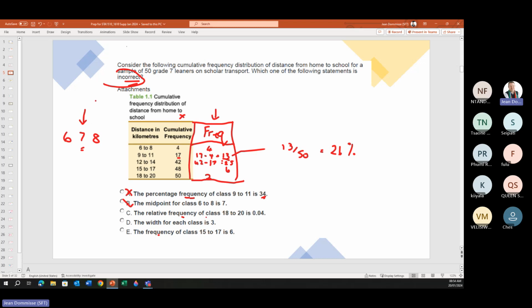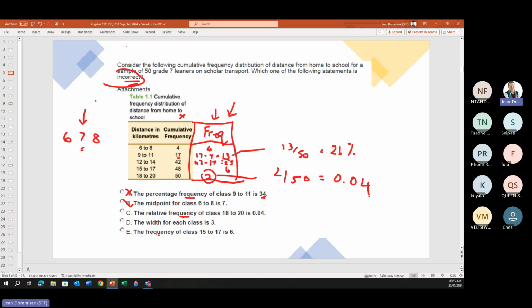Relative frequency. So by saying relative frequency, we're working again with frequency, not with cumulative, of class 18 to 20. 18 to 20 is 2. So 2 divided by 50. They don't ask us percentage, they just ask us the relative frequency.